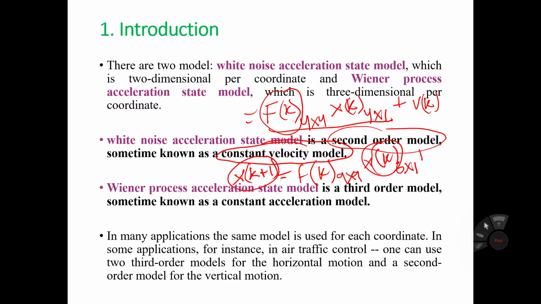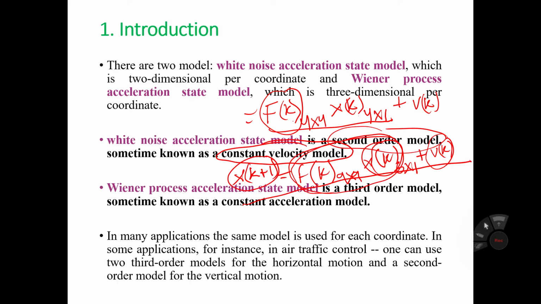So if we add the white noise acceleration, like v of k, this is called the process noise. So this whole equation is the Wiener process acceleration state model. It adds white noise in the kinematic model to get the noisy object state for the next time step, x of k plus 1.